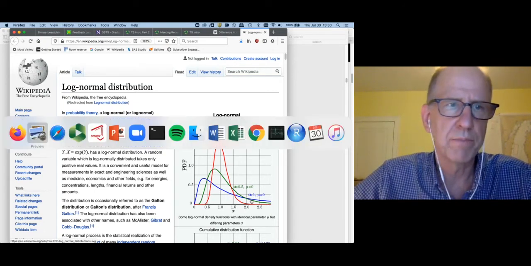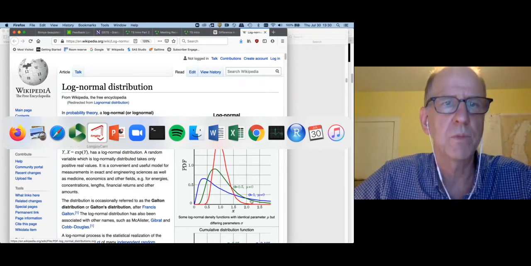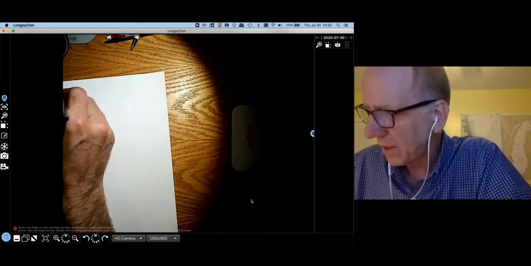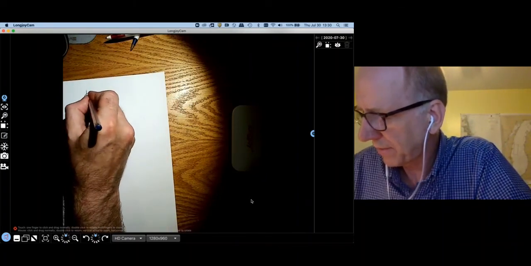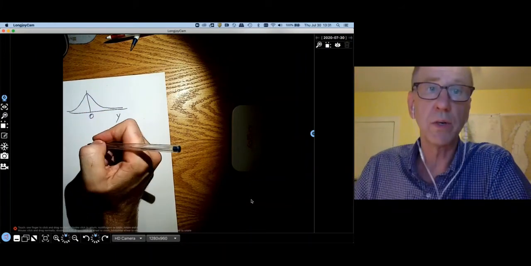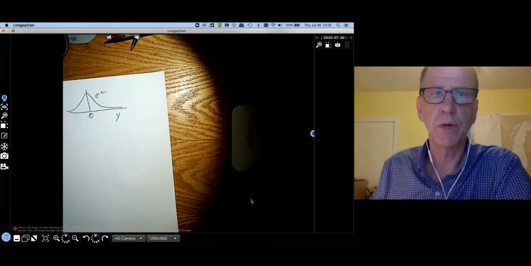So let me go over to my scratch pad and try to emphasize this with a little bit more of a picture. So this is the distribution of y. And so let's just say for now, we're going to follow what was in Wikipedia. The mean here is 0, and the variance of this distribution is sigma squared.